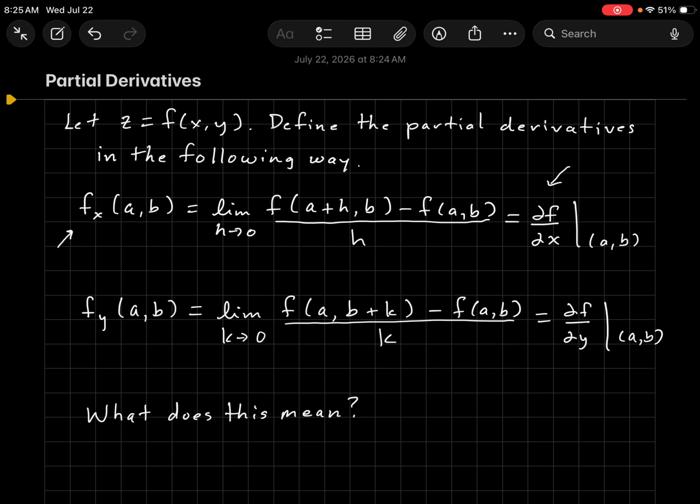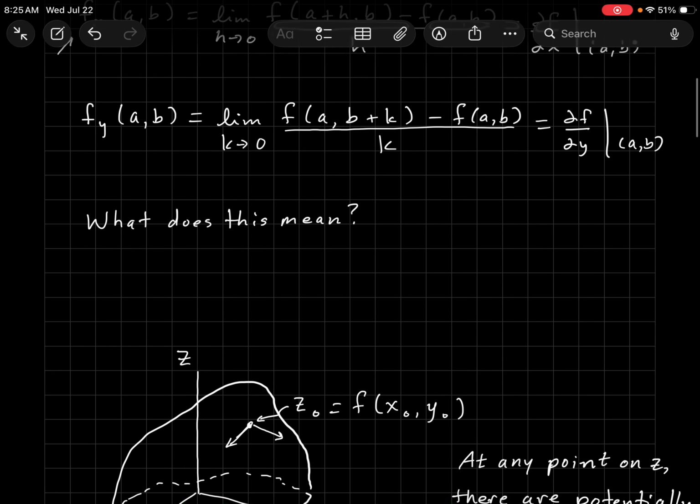Let's take a look at the partial derivative with respect to x, particularly this first part, f of a plus h comma b, and then now let's look at the back part. Do you notice that the only thing being affected is the x? In fact, the y part, the b, remains constant. So that's really the key to understanding these partial derivatives.